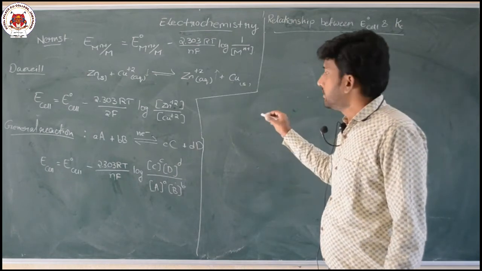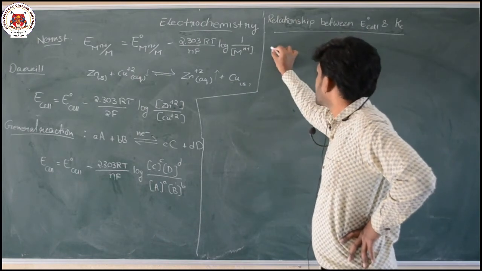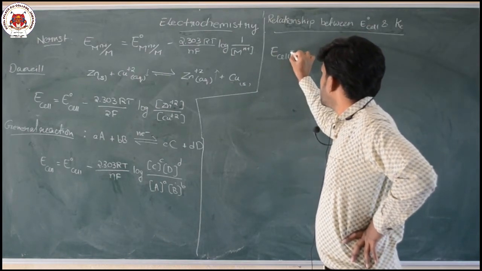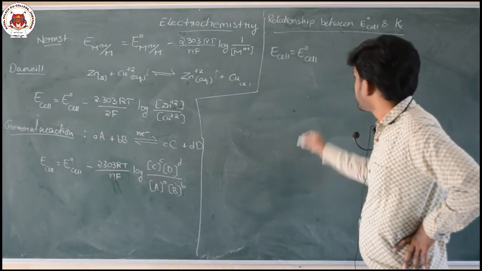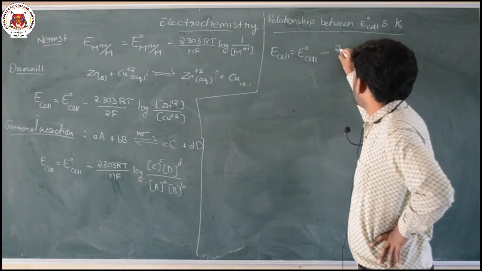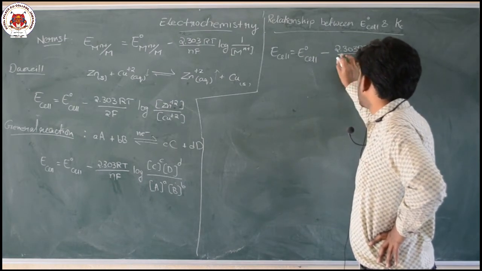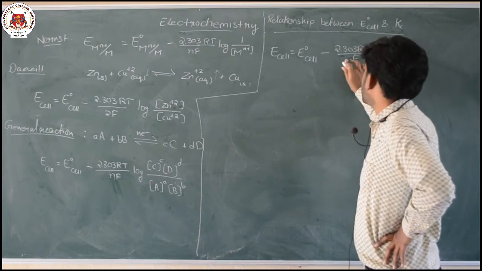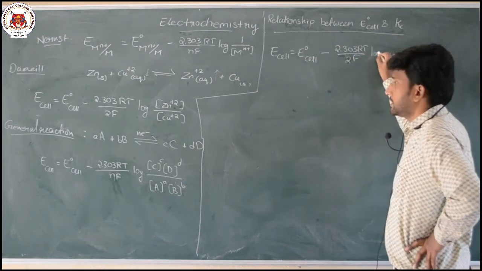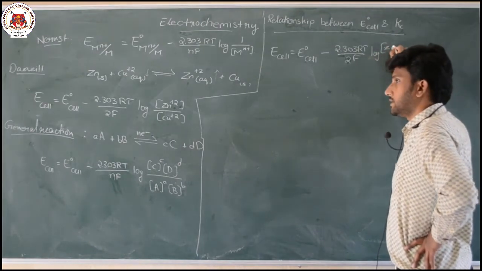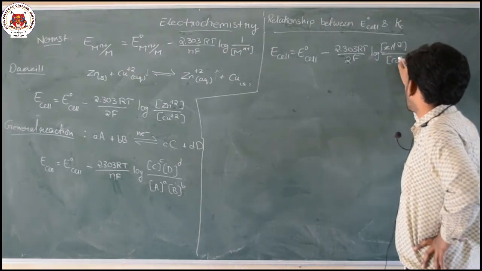Now, you take the Daniell cell equation only. Let us take the Daniell cell Nernst equation. E cell is equal to, according to the Nernst equation, E naught cell minus 2.303 RT by nF, or you write 2F because here it is a Daniell cell, you take 2, log concentration of Zn2+ ions by concentration of Cu2+ ions.